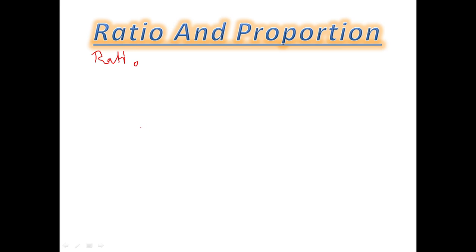The second line says how many of one thing compared to another thing, like 12 ratio 14. There are 12 mangoes and there are 14 mangoes. This is what this line is saying.